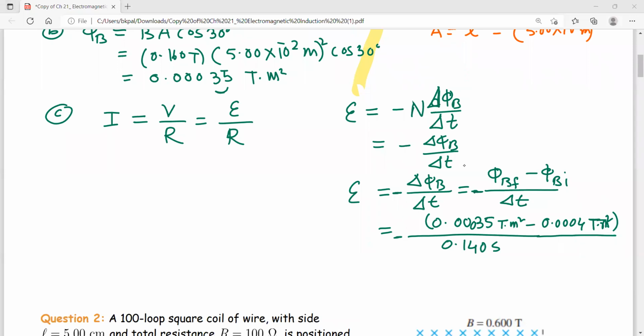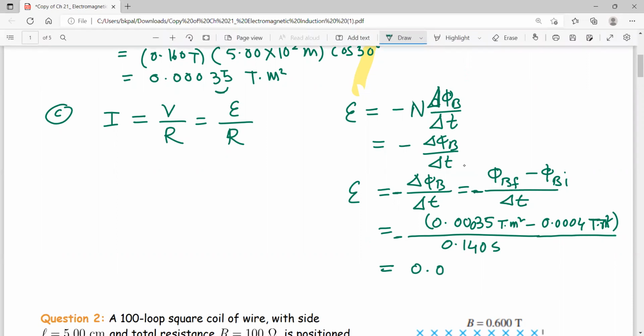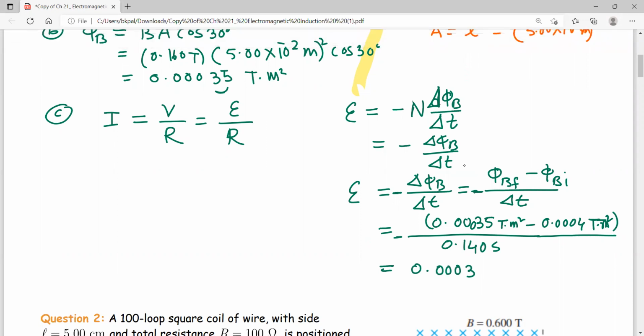Okay, so if you solve this, you will get 0.00036 volt. Because you know the unit of EMF is volt, the induced EMF we get here is 0.00036 volt.